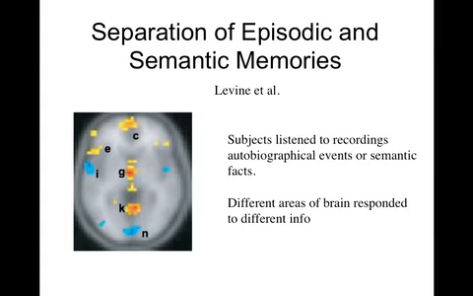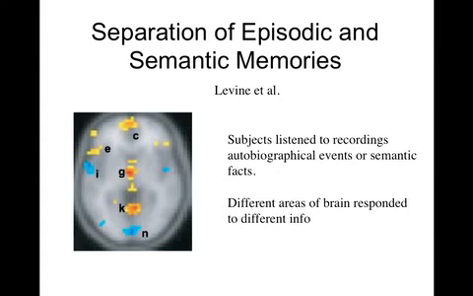In addition, in terms of brain scans, there is fMRI evidence that these are carried by different parts of the brain. Subjects are listening to recordings and thinking about autobiographical events or semantic facts. So in this case, they're doing two different types of tasks.